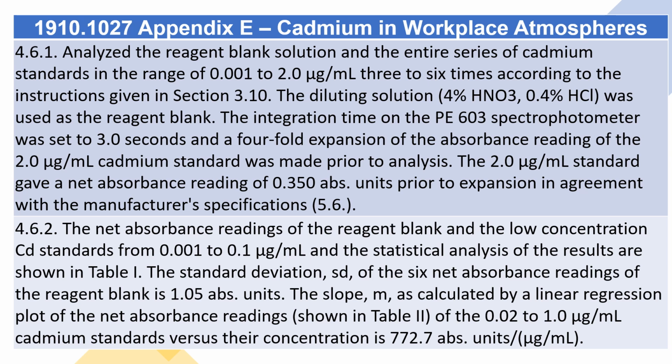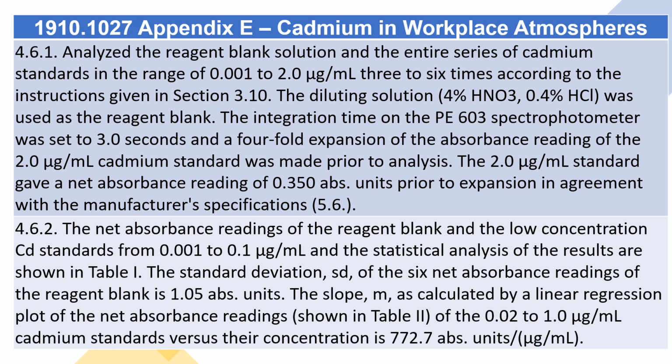The integration time on the P603 spectrophotometer was set to 3.0 seconds, and a fourfold expansion of the absorbance reading of the 2.0 µg/ml cadmium standard was made prior to analysis. The 2.0 µg/ml standard gave a net absorbance reading of 0.350 abs. units prior to expansion, in agreement with the manufacturer's specifications, 5.6.